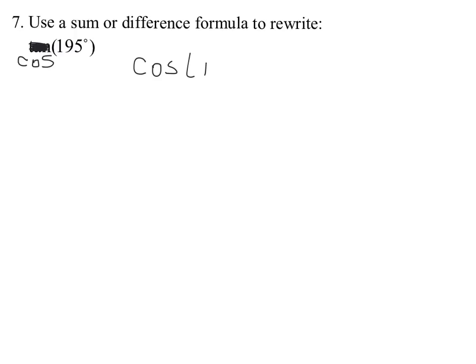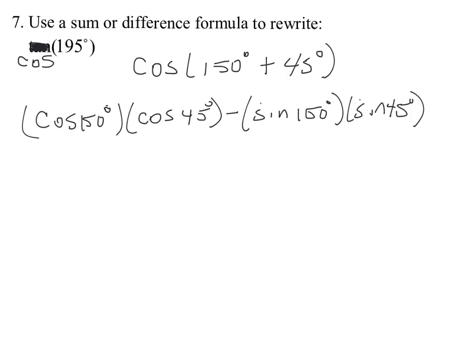So I'm going to use cosine of 150 plus 45. That would give me 195. And now I'm going to use the sum or difference formula to rewrite this expression and find my exact answer. So here I have cosine of 150 plus 45: cosine of 150 times cosine of 45 minus, now remember for cosine, the signs change.